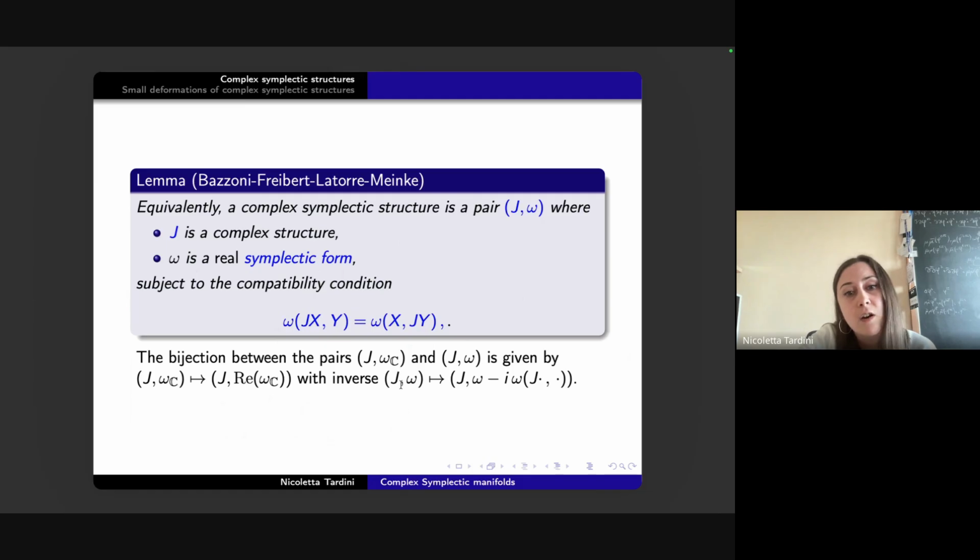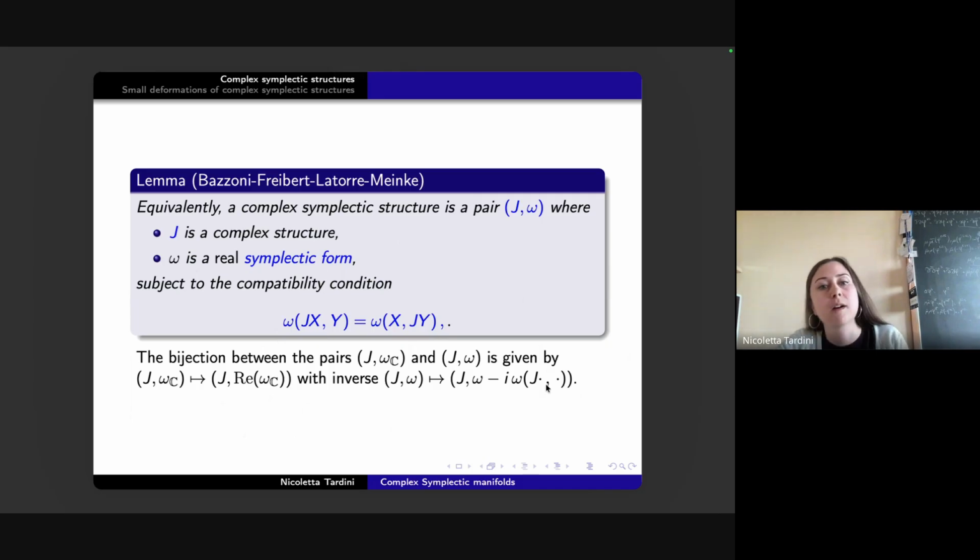You take omega as a symplectic form that is compatible with J through this relation, and then you can define omega C in this way, and you can check that this is a (2,0)-form that is closed and non-degenerate, okay? So you can think of complex symplectic structures in these two ways.